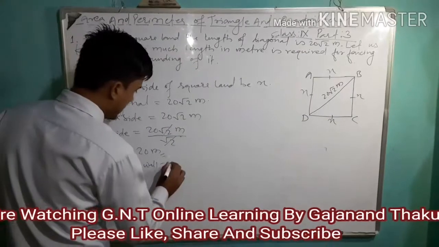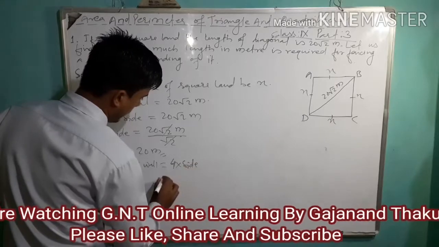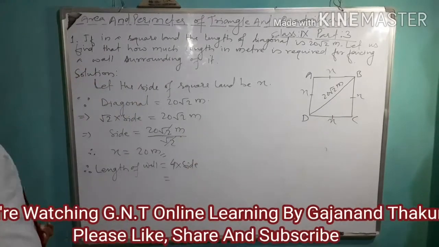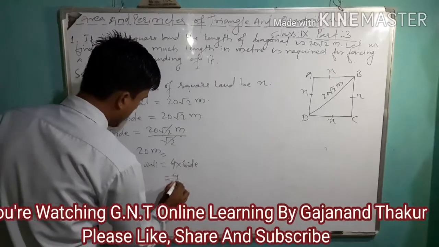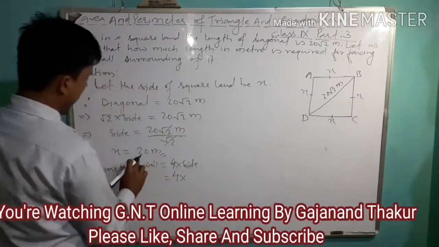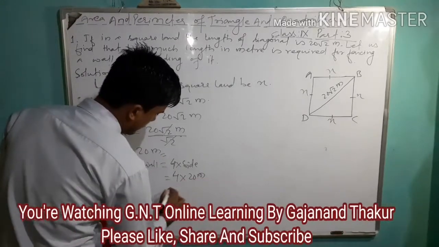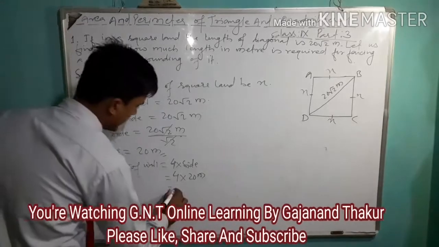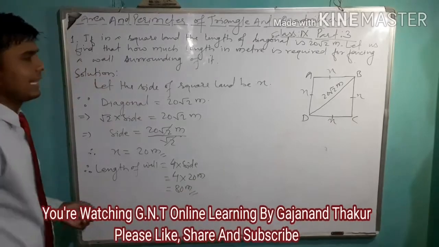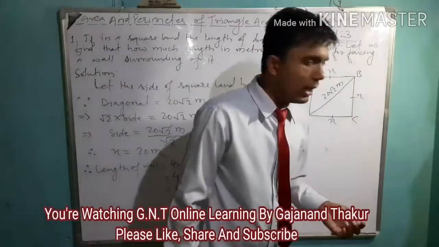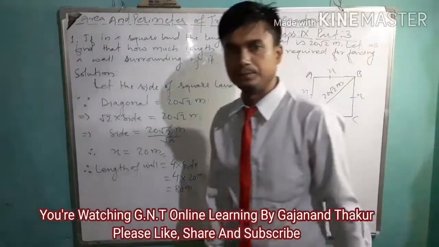So 4 into the side value, that is the x value, which we have got as 20 meter. When we multiply this, we get 80 meter. So 80 meter is the length of the wall required to surround this piece of land.